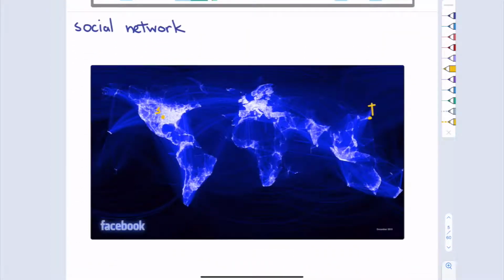Okay. Here's a picture that you have all seen. This is the picture that Facebook put out about 13 years ago, so it's been updated since. They plotted all their users geographically and drew lines connecting pairs.